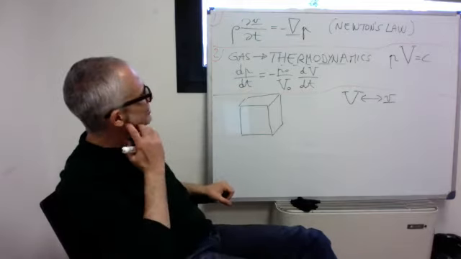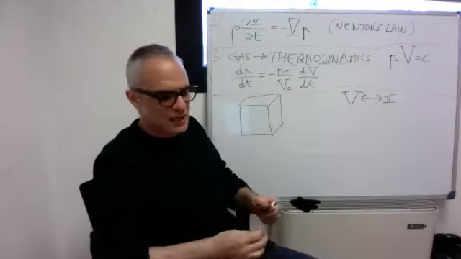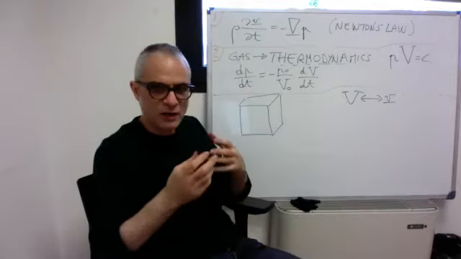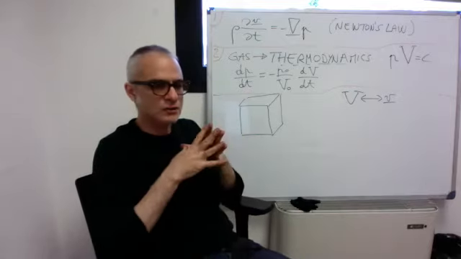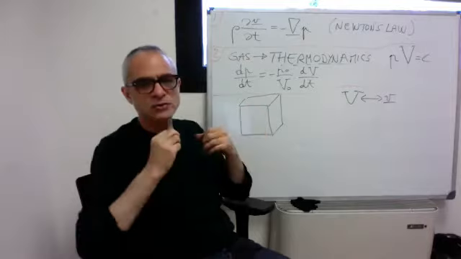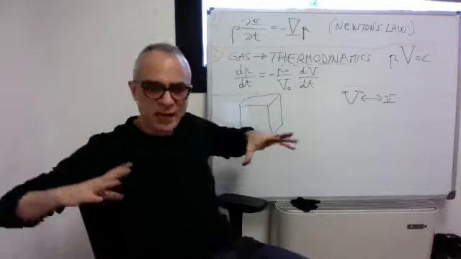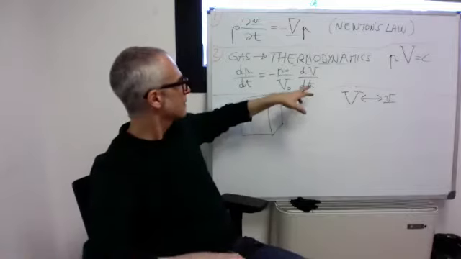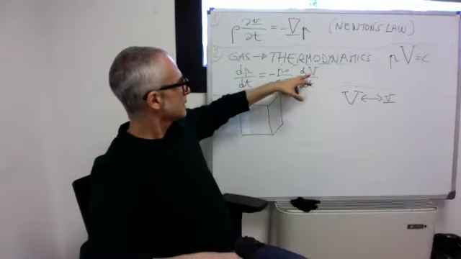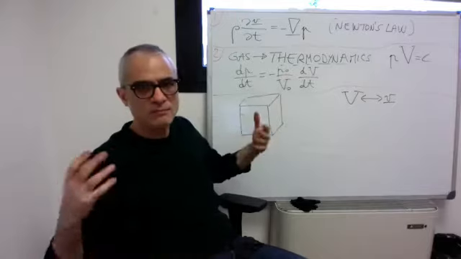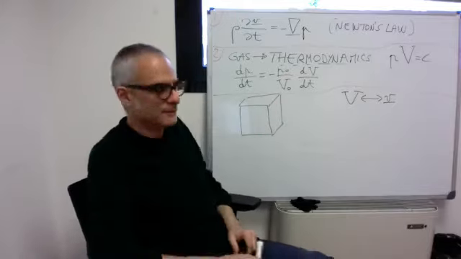So you can imagine that both velocity and the change in volume are two ways to describe how the material is moving, okay? The pressure describes the force that is applied, but velocity and volume both describe a displacement.